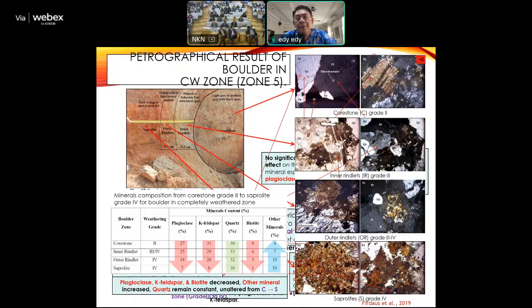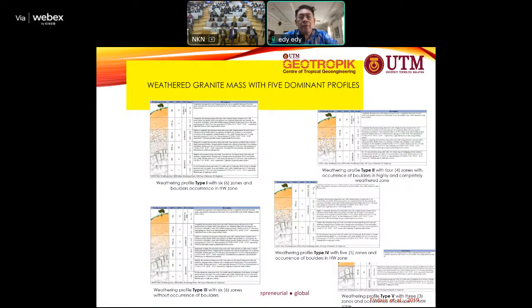Okay, and then from here we do create a model on the typical profile in granites. Here on the top part, you could see you can have complete from zone 6, that is the residual soil, then followed by the completely weathered, then highly weathered, moderately weathered to slightly weathered. That is complete.